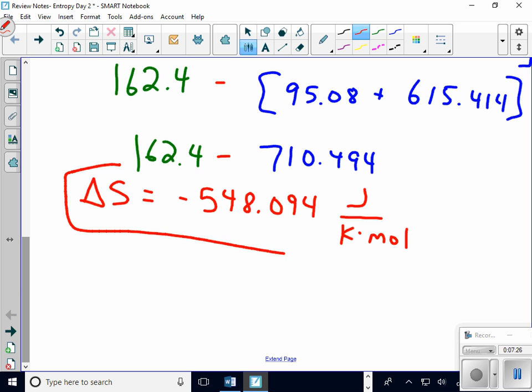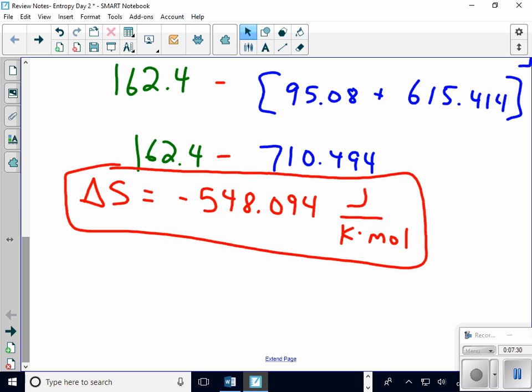So my final answer here for my change in entropy is negative 548.94.